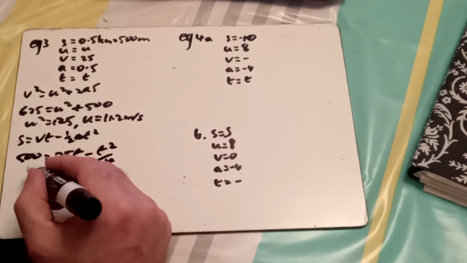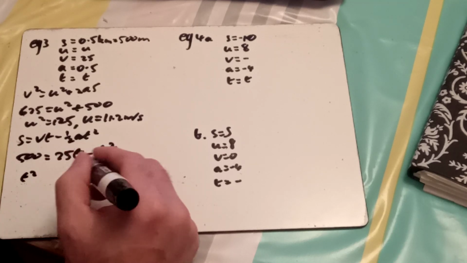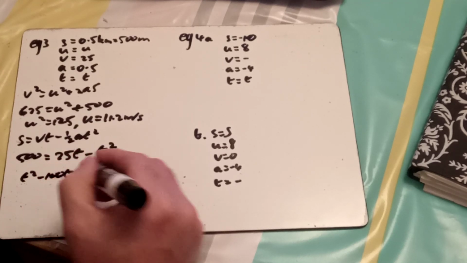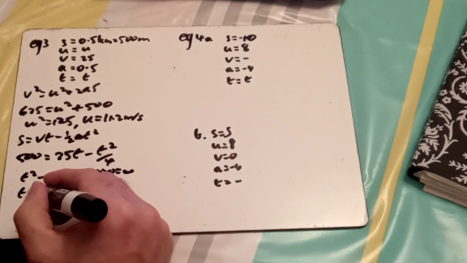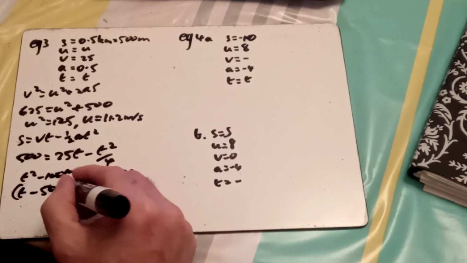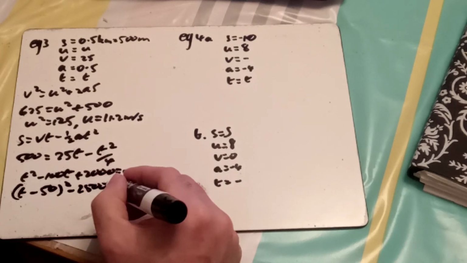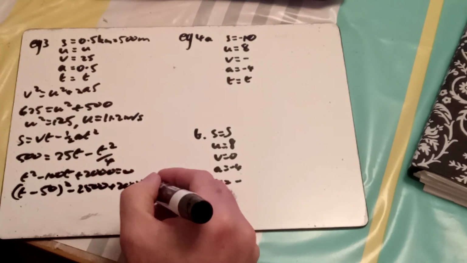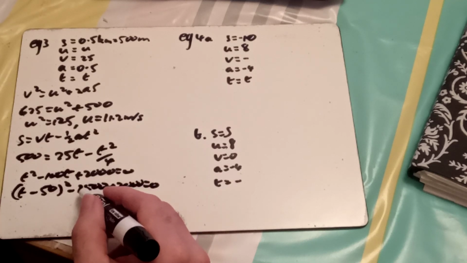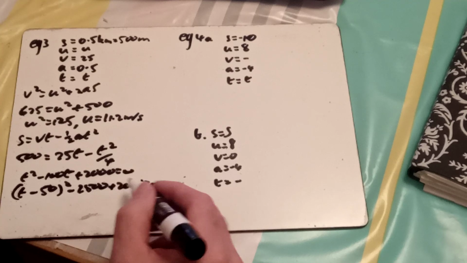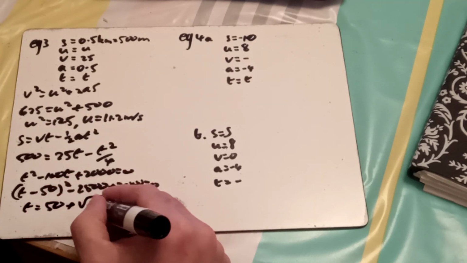Oh gosh almighty, rearrange it, t squared, and then minus 100t and plus 2000 equals 0. (t minus 50) all squared minus 2500 and plus 2000 equals 0. I've got an old calculator, I can't use my regular calculator to solve it, so I've got to do it the old-fashioned way. So that's t equals 50 plus or minus root 500.